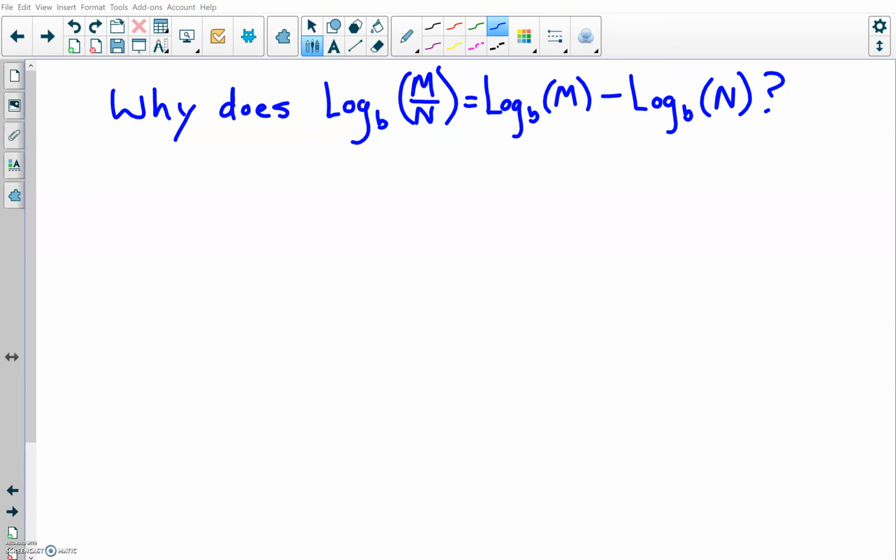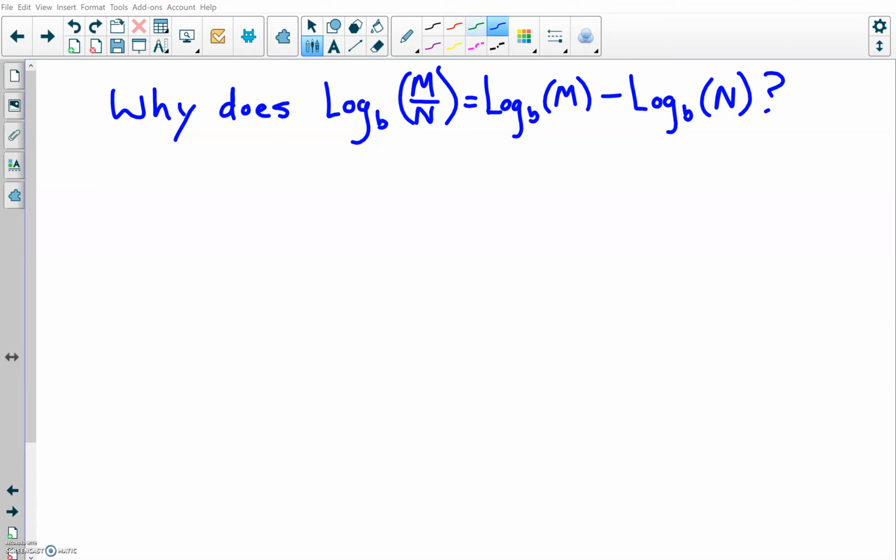An example, if you did x cubed divided by x squared, the answer to that is x to the 3 minus 2, or first power. You've done this before, and we're going to use that exponential fact and the definition of logs that relates it to exponentials to show that this log rule actually works.